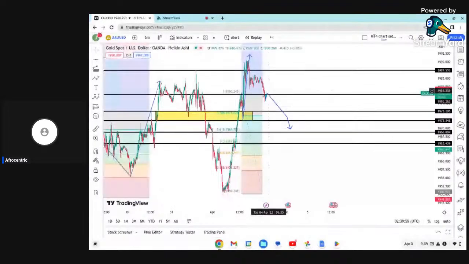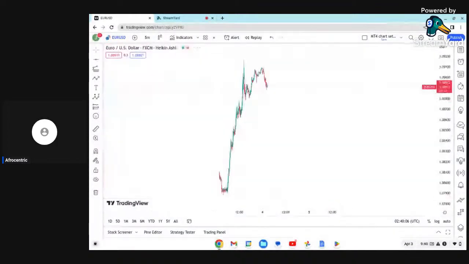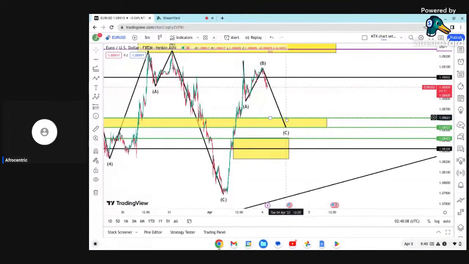Alright, so gold went above the price point I was talking about. And then let's take a look at EU. Alright, so EU is good.